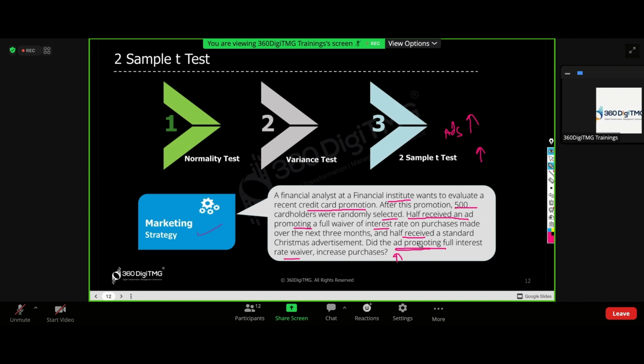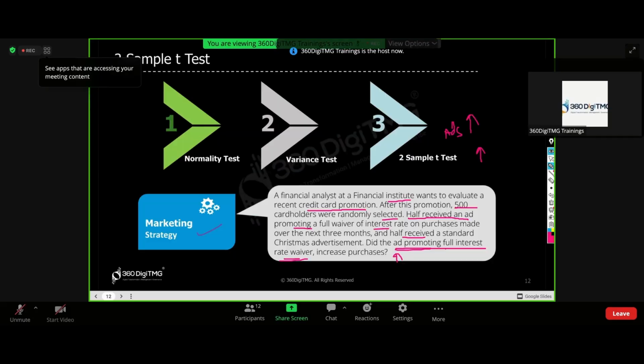Is it because of this promotional offer that customers are taking this card?